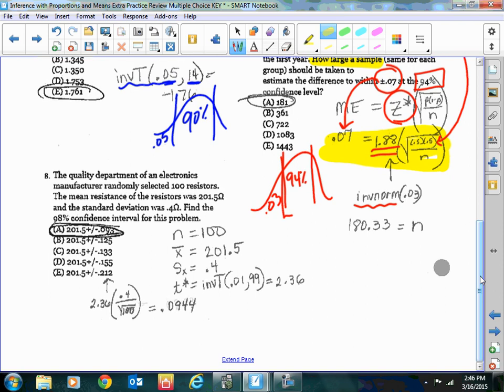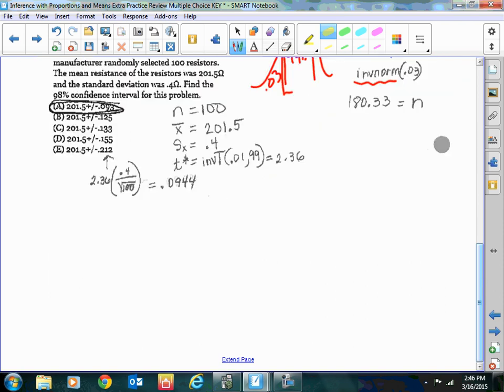Number 8 is going to be similar to the one up above. Just got to figure out what that is right there. You can do the calculator stuff backwards. Sample size is 100, so degrees of freedom is 99. T star is inverse t of one tail. Why is it one tail? 0.01.